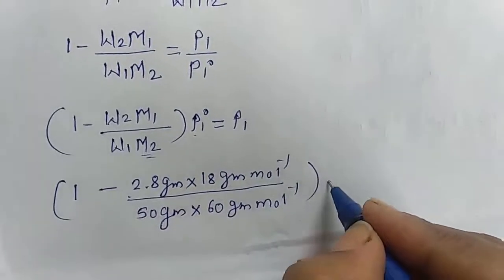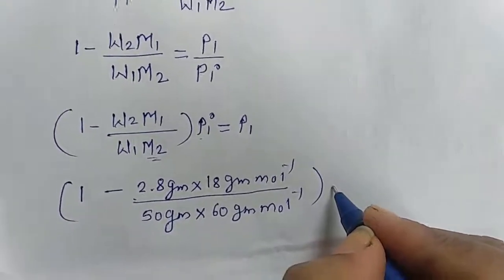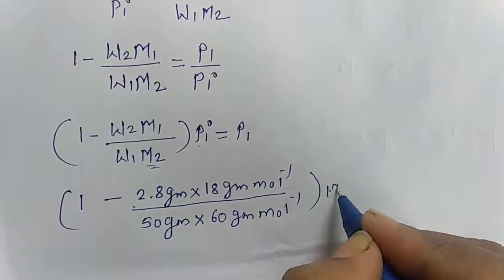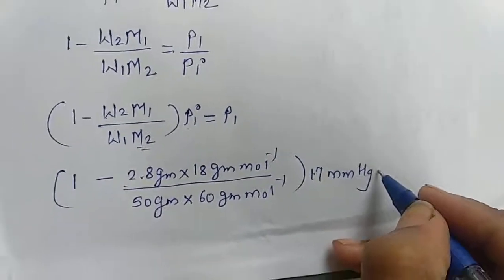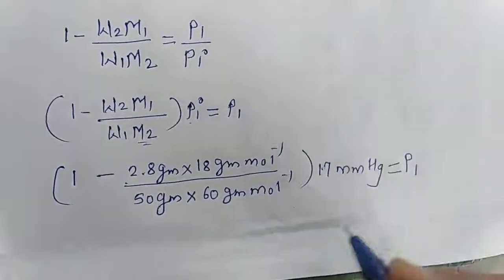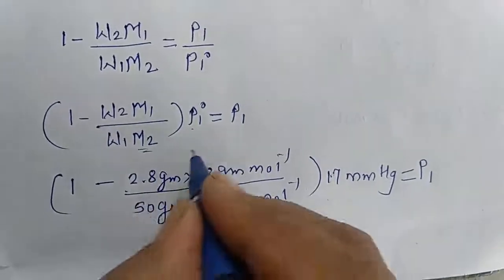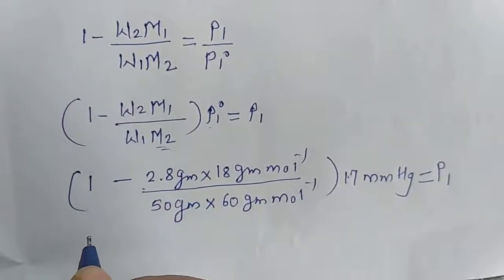So P10, that is the vapor pressure of solvent, is given as 17 mm Hg equal to P1.